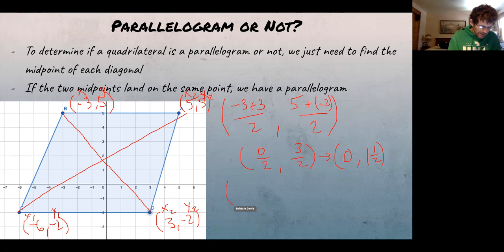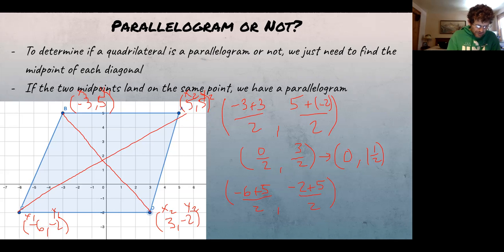So for this one, it's going to be -6 plus 5 over 2. And the other is going to be -2 plus 5 over 2. Again, I'm getting those points from the coordinates. -2 plus 5. That's where those numbers come from.